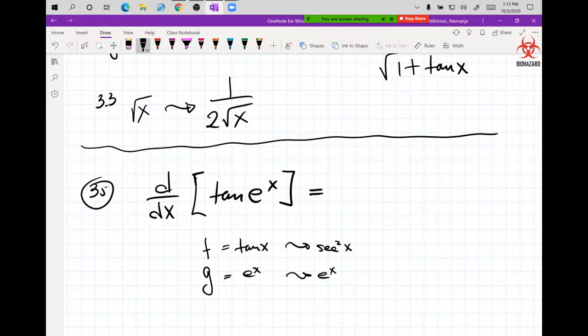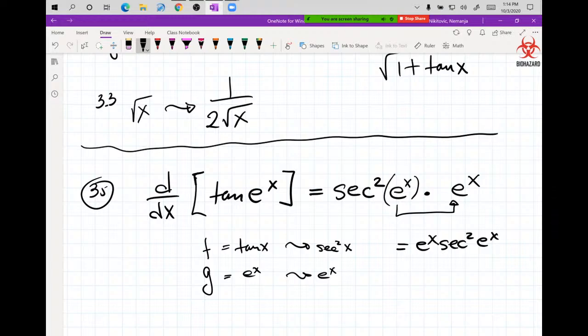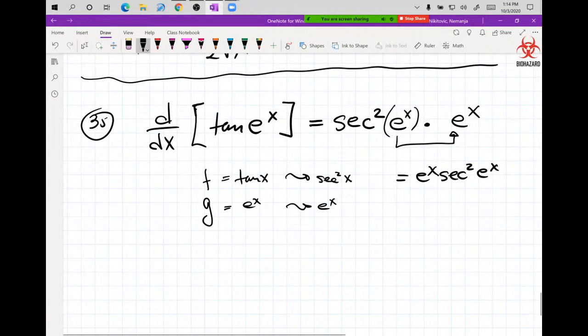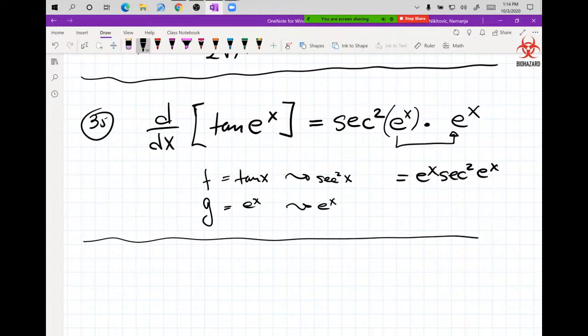So the derivative of the outer function is secant squared of the mess, and the mess is just e to the x, times the derivative of whatever was buried inside the secant, which is just e to the x, which is itself. So as you said, e to the x secant squared e to the x. So that's problem 35 in the textbook.